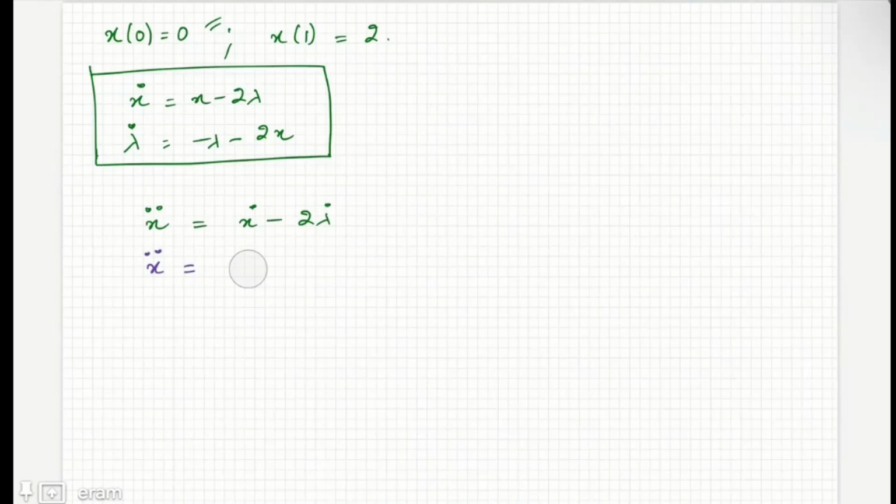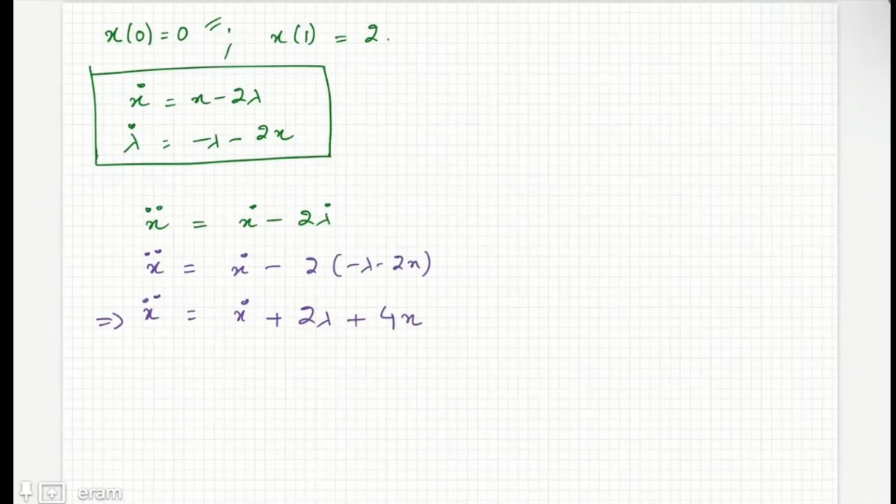Lambda dot we know is minus lambda minus 2x, so it is x dot plus 2 lambda plus 4x.